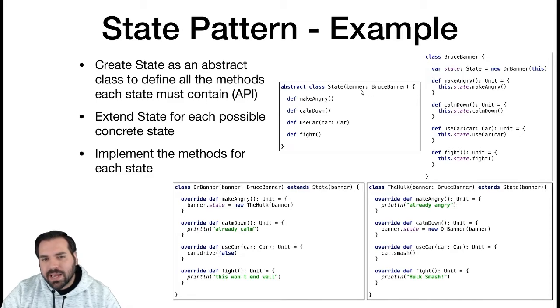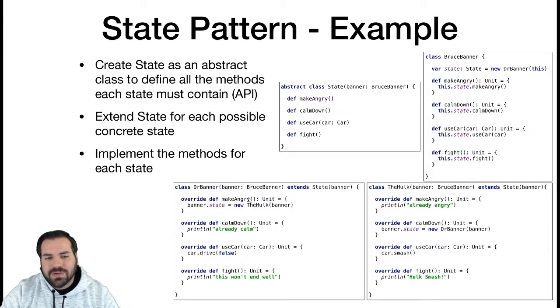So the state is going to know which Bruce Banner it's attached to and have all 4 of these methods. These are all abstract because each concrete state or concrete class is going to determine what the actual behavior is. So let's start with Dr. Banner. Dr. Banner takes a reference to a Bruce Banner and passes it on to the state's constructor so it knows who it's attached to.